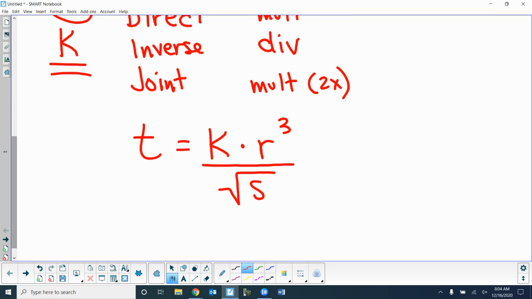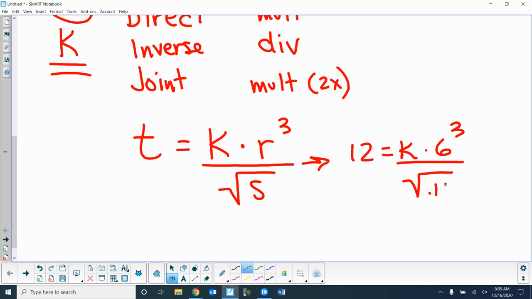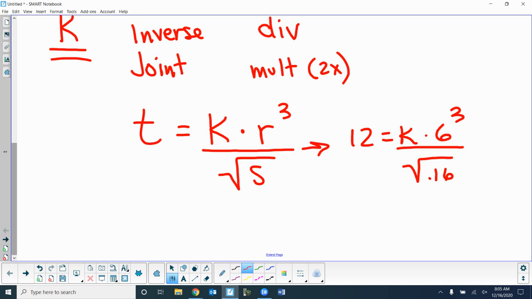Then we were supposed to solve for K. So they give us T is 12, R is 6, and S was 0.16. So what I would do is figure out what 6 cubed is and the square root of 0.16.